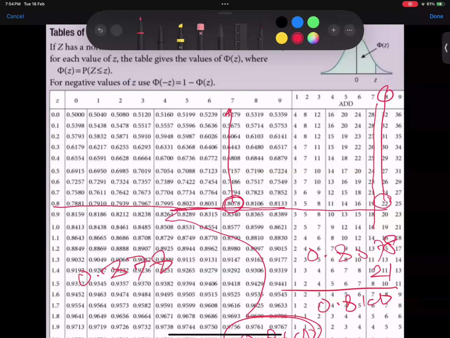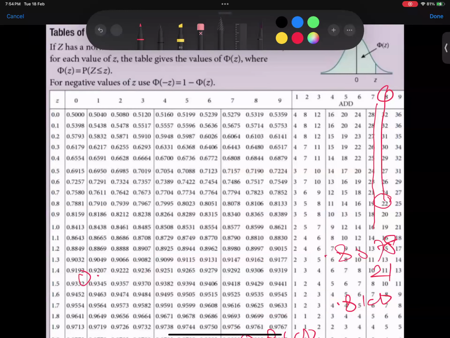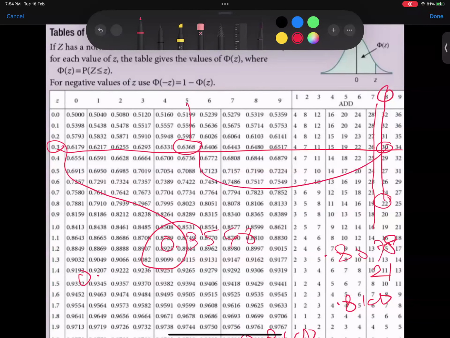So let's see from here. Okay, I think you will understand from here. 0.3548. 0.3 is this, so this line I talk about. 5 is here, so this number, and 8 is coming in this 30. So if I add 30 in this number, I get 0.63. Let me check again.